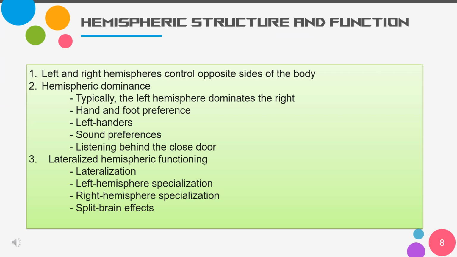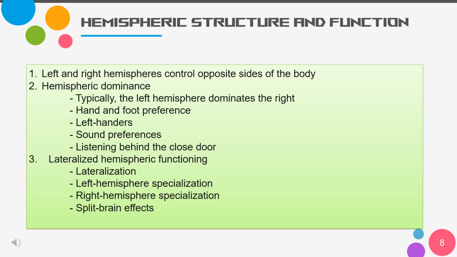After we learn about the hemispheres of the brain, we will jump to the next part, which is hemispheric structure and functions. This part is divided into three subtopics. Number 1, left and right hemispheres control opposite sides of the body.